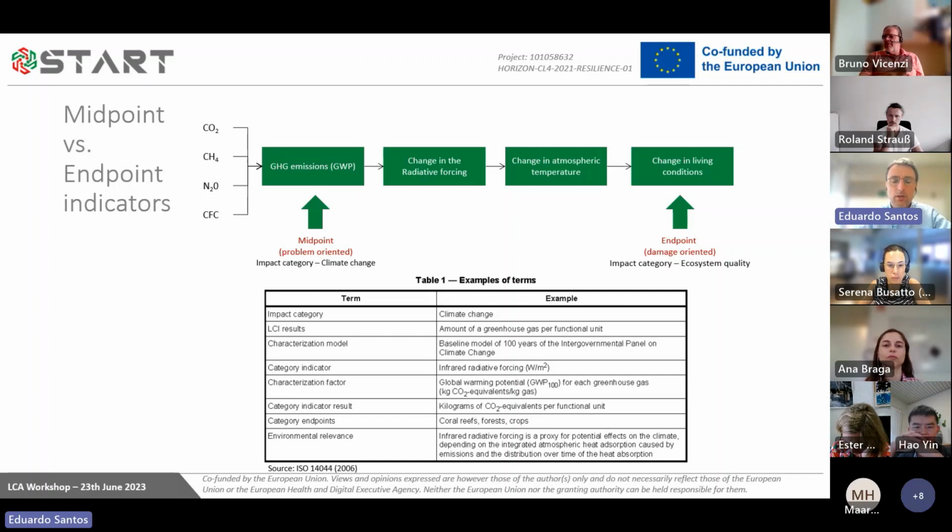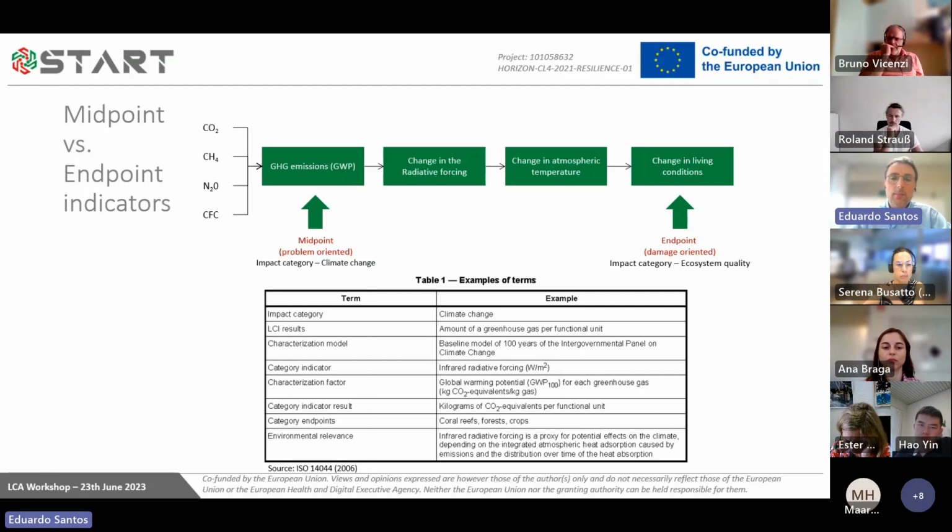They can be converted into CO2 equivalents, and you can have a unit for that impact category, which is kilograms or grams of CO2 equivalents. But that just tells us what is the problem, the origin of everything, so the increase in emissions of CO2, but it doesn't tell us what is the damage that it generates.